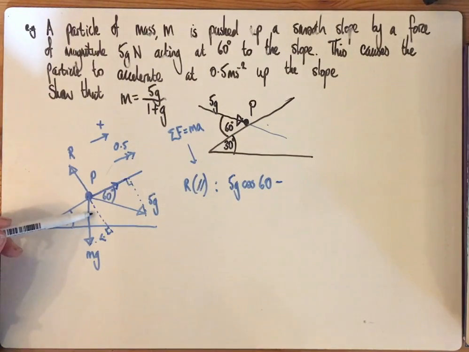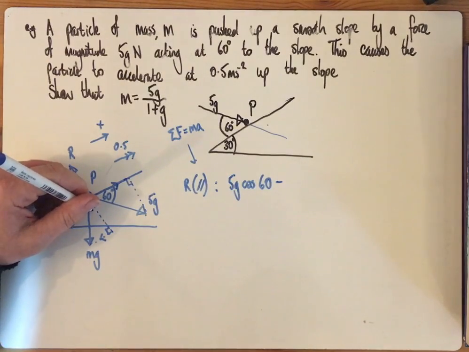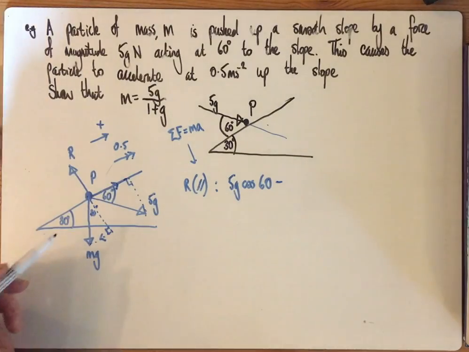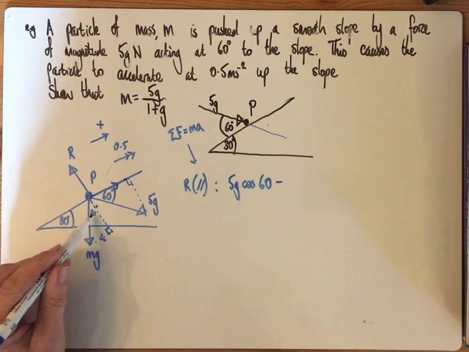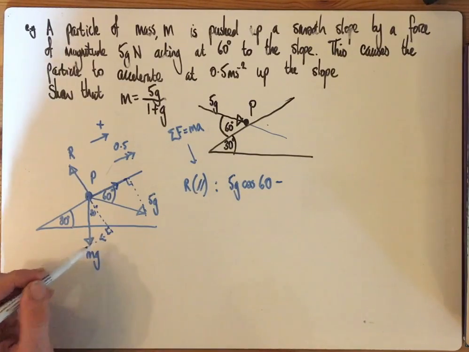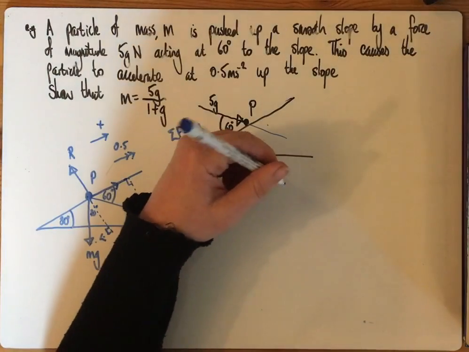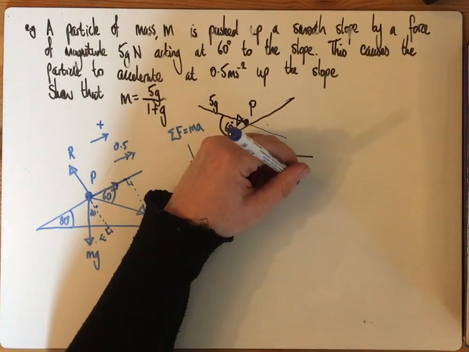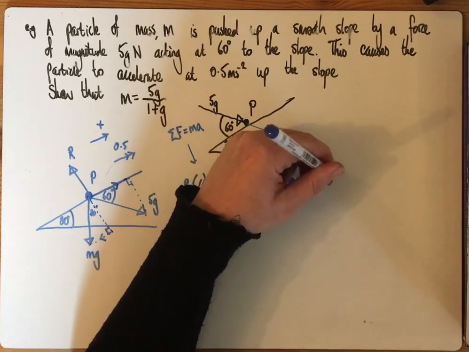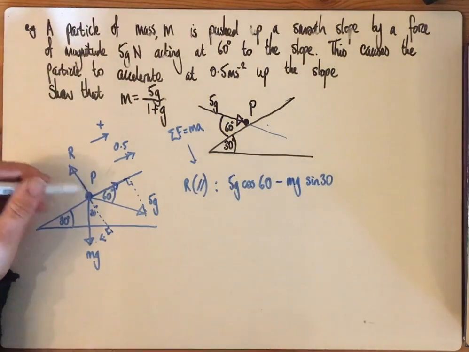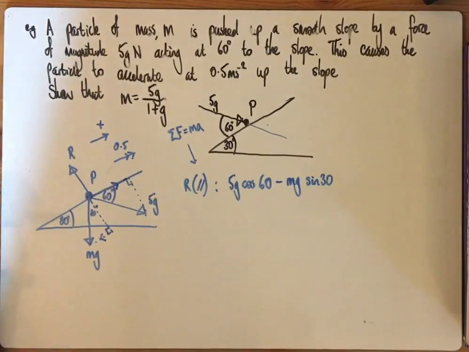This here is 30 degrees. So we saw that in the last example. And you'll find after a while, you probably don't need to write that in, but that is 30 degrees there. And so this component here is mg sine 30. And then this is perpendicular, so won't affect motion.